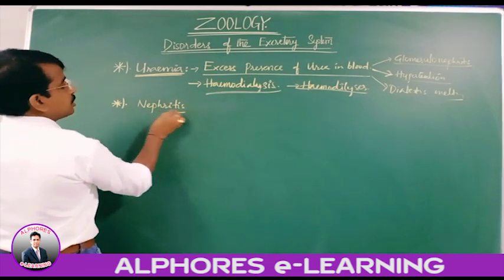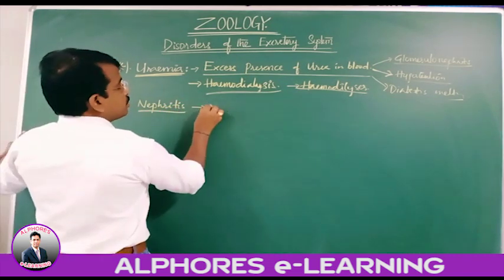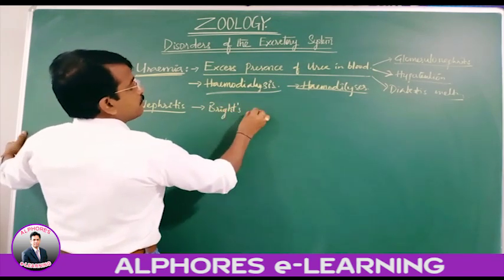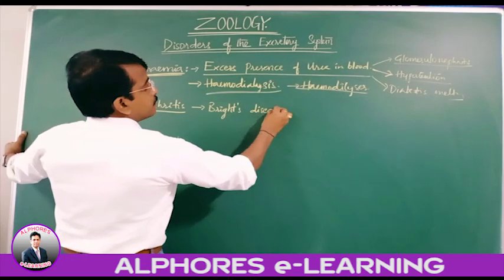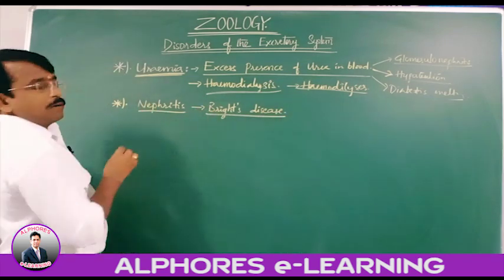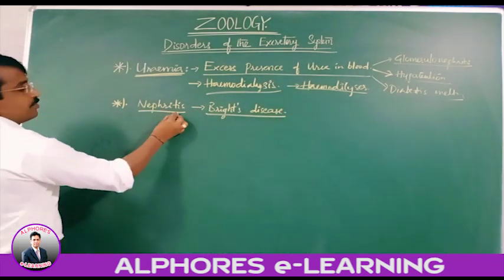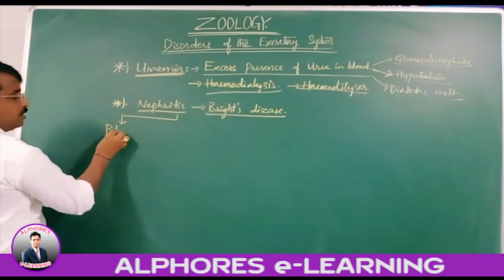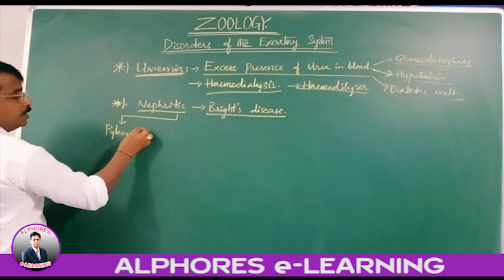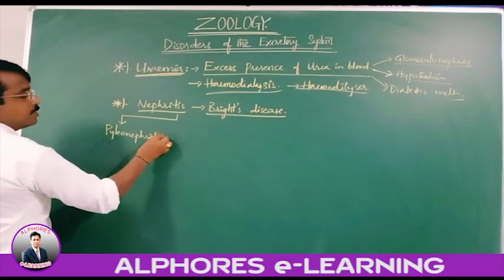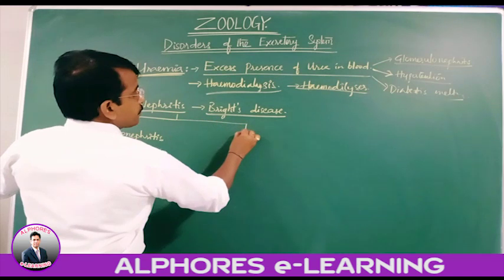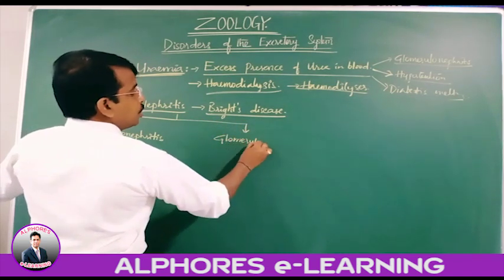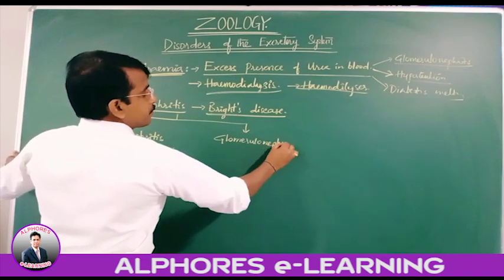Next, we come to discuss the second one, named nephritis. Nephritis, make a note, is also named Bright's disease, and it is of two types: pyelonephritis and glomerulonephritis.